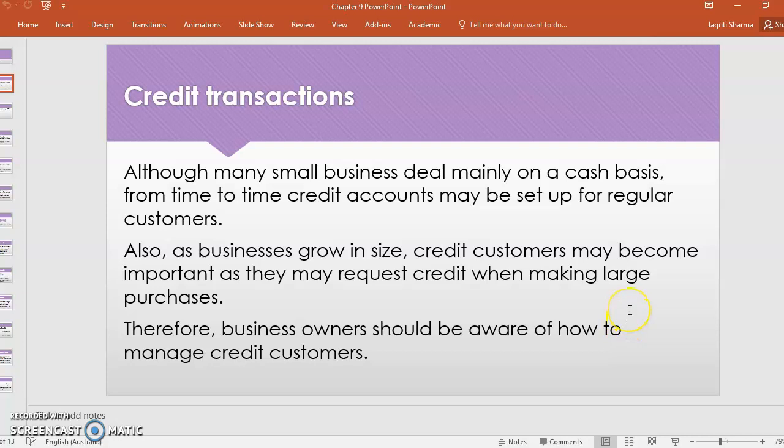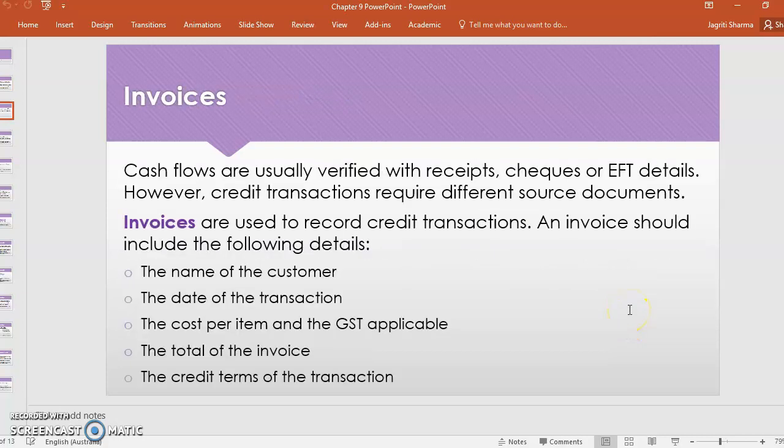Now when you're looking at the sales and purchases journal, there are different source documents to record those transactions. Cash flows, which means the cash receipts and payments journal, use receipts, checks and EFT details as source documents. In credit transactions, there are slightly different source documents because they include more information.